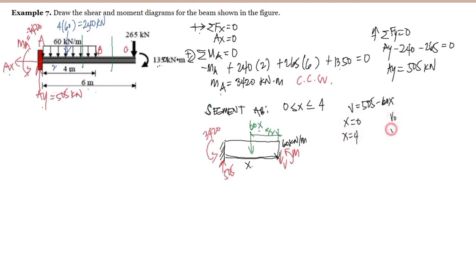At x is equal to 0 and x is equal to 4, let's solve for the value of the shear at 0 and the shear at 4. So if x is 0, of course, that is equal to 505 kilonewton.